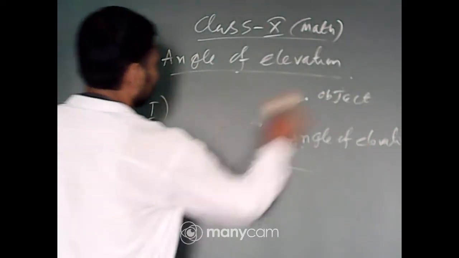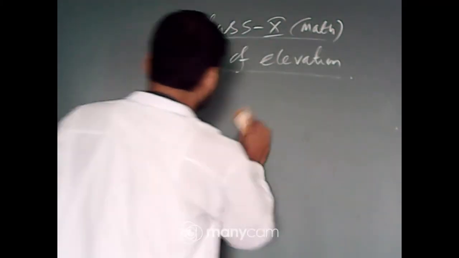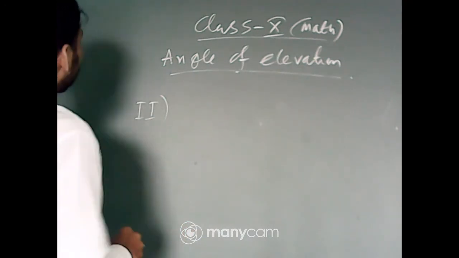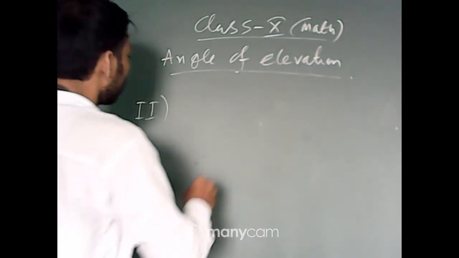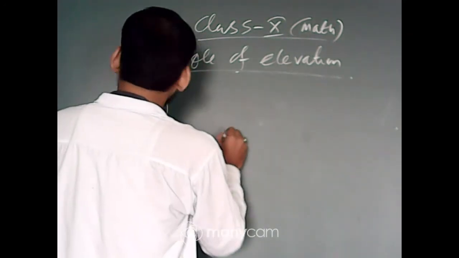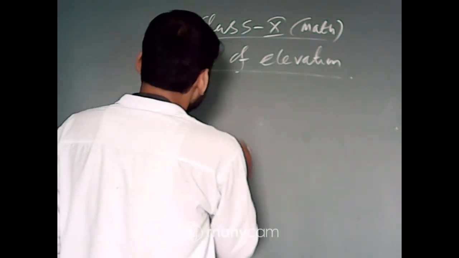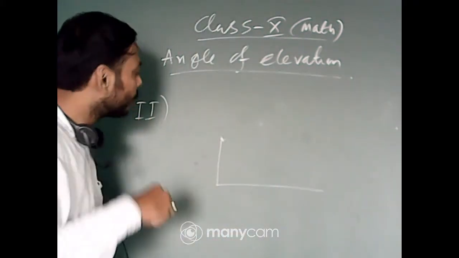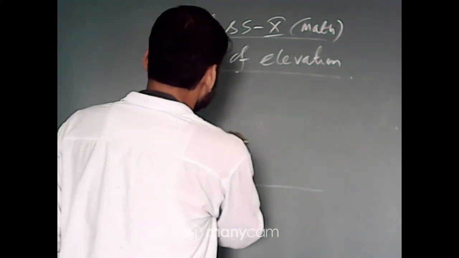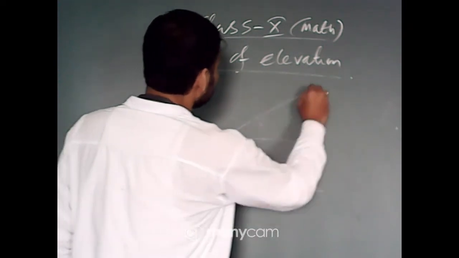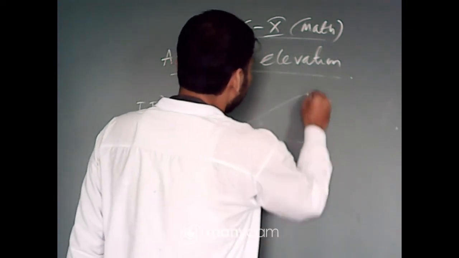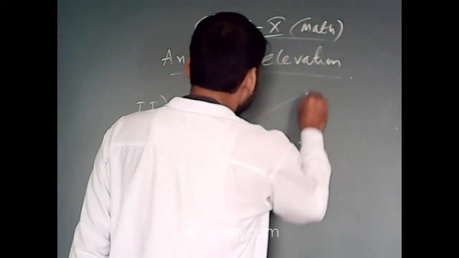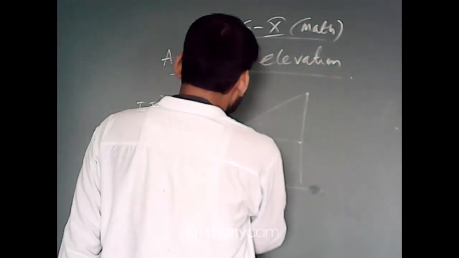Suppose, this is case 2 of angle of elevation. Suppose you are on a roof of a room, and from there you are looking at the top of a tower or the top of a temple.